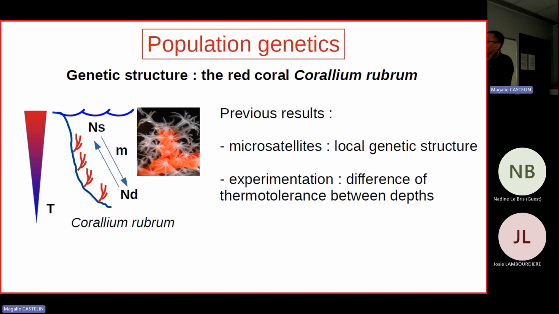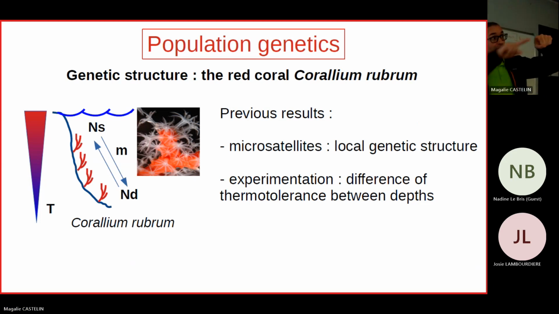So I will not talk about all that has been done on the genetics of red coral in our lab, the lab of Federica Costantini and others. But previous results have shown that, first, with microsatellites, we observe a very local genetic structure, which means that there are some differences between populations a few tens of meters apart, both horizontal but also vertical.